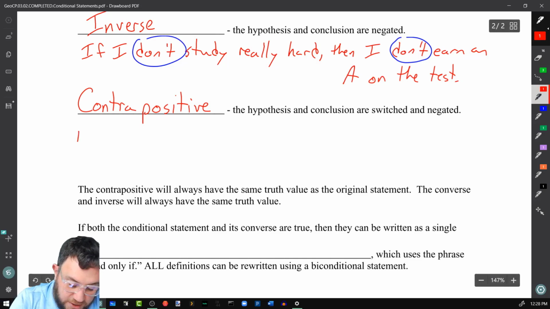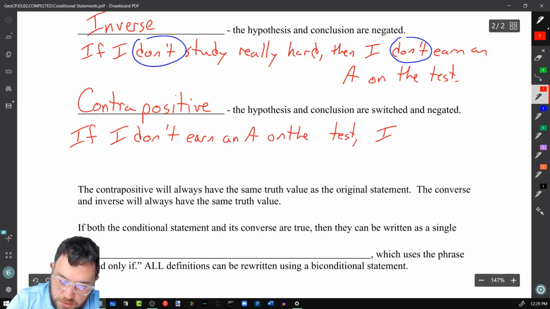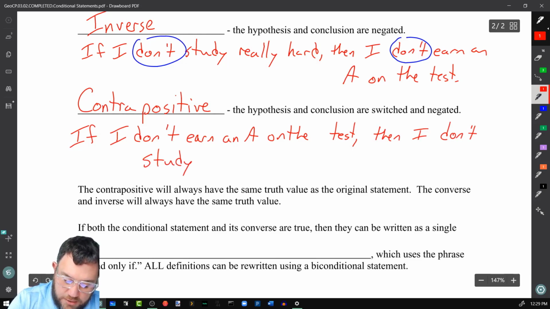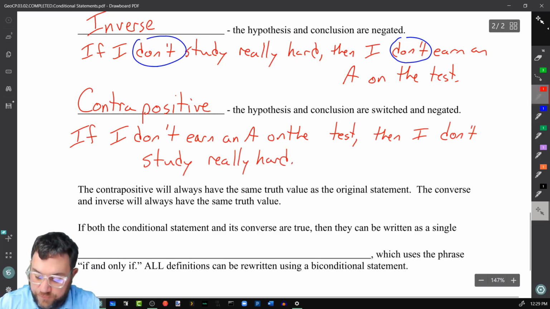So for this example it would be, if I don't earn an A on the test, then I don't study really hard. So we switched them and negated them.